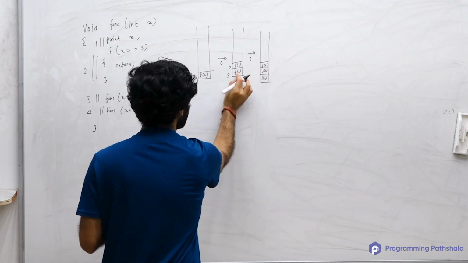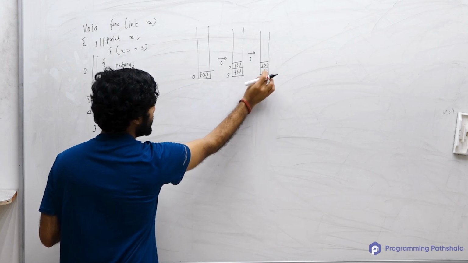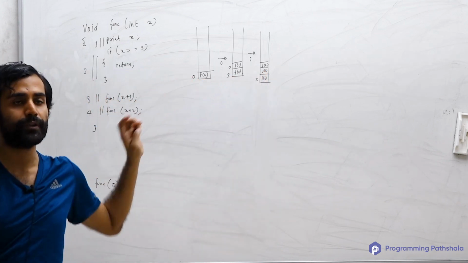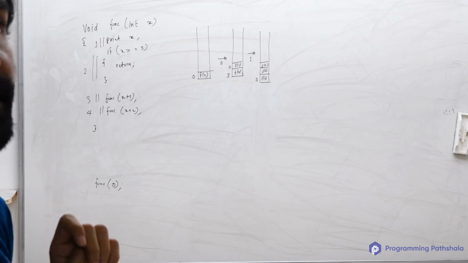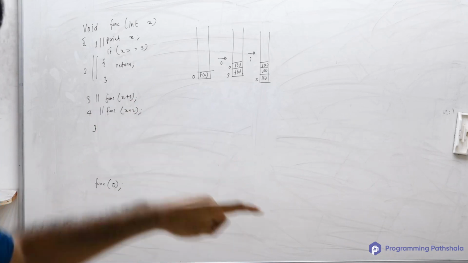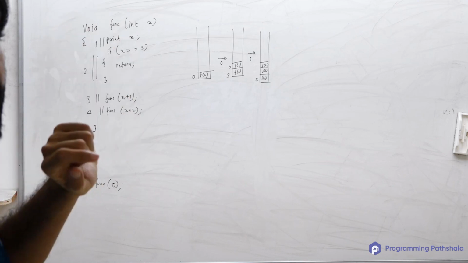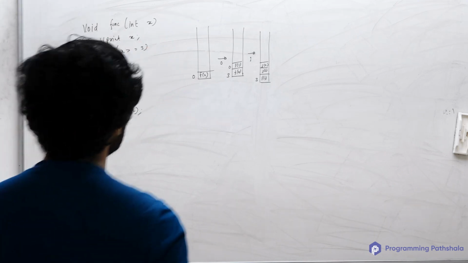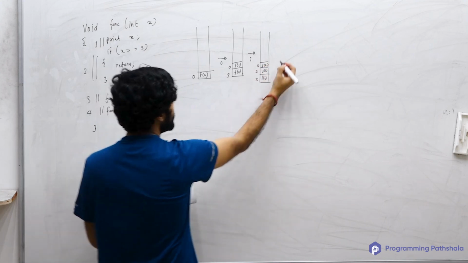F of 0 had been untouched in the last step, so it's 3 instructions. By the time f of 2 comes to the top, how many instructions are executed for f of 1? 3 instructions: it printed, it evaluated the if block, and it made a call to f of x plus 1, which is f of 2. So 3 instructions for this. For f of 2, just entered, so 0 instructions.